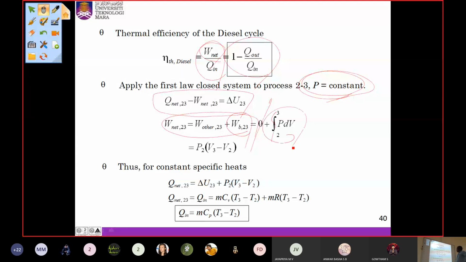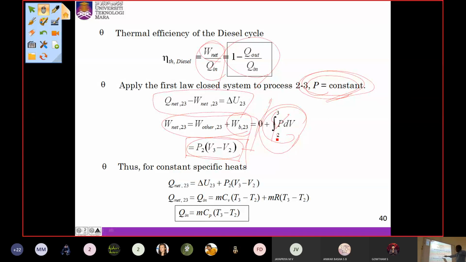Here P is constant, so we can take P outside. Then finally you know this formula: if you integrate P dV with P constant, you will get W equal to P into the change in volume, that is V3 minus V2. We take the pressure as constant.